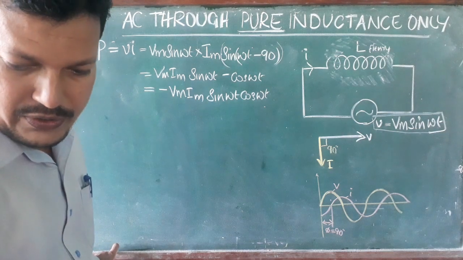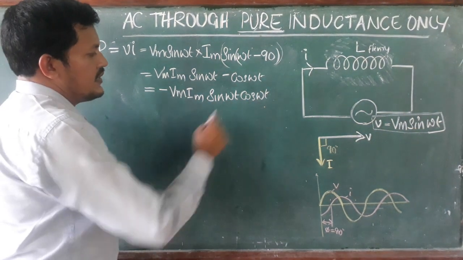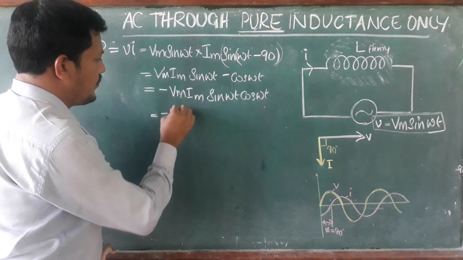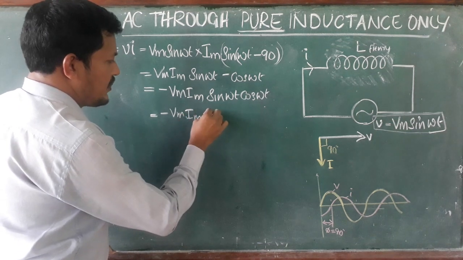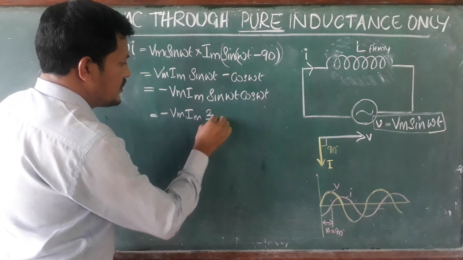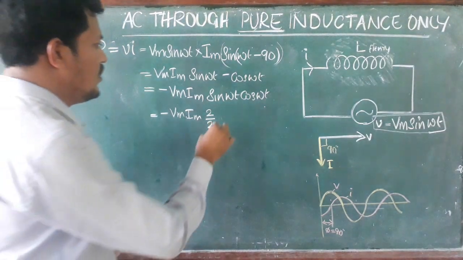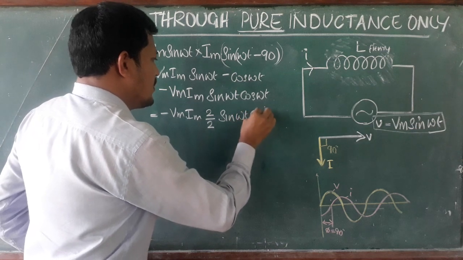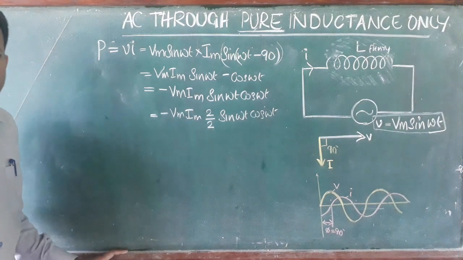So now we are going to convert sin omega t and cos omega t. That is minus Vm Im, and I am multiplying 2 by 2 here. Clear? 2 by 2 means it is 1. This into sin omega t cos omega t.